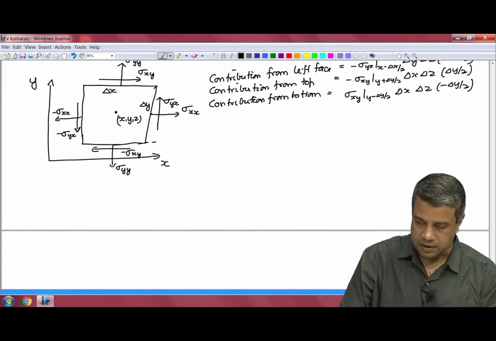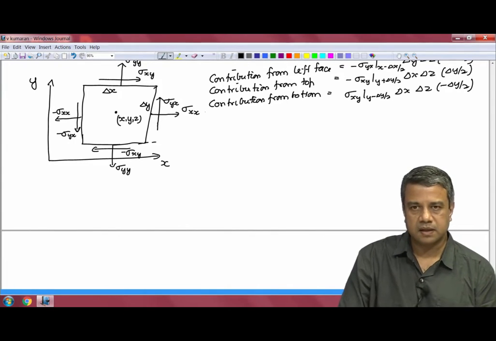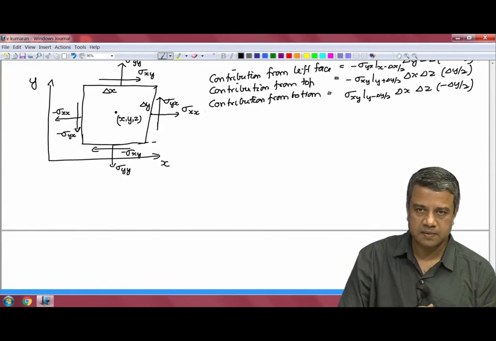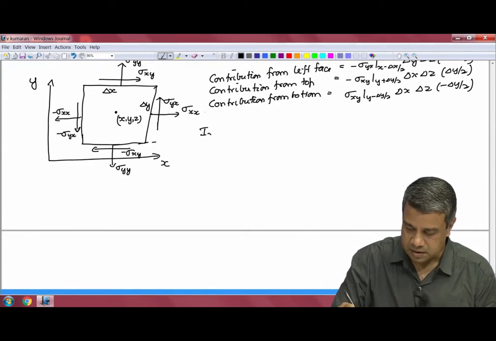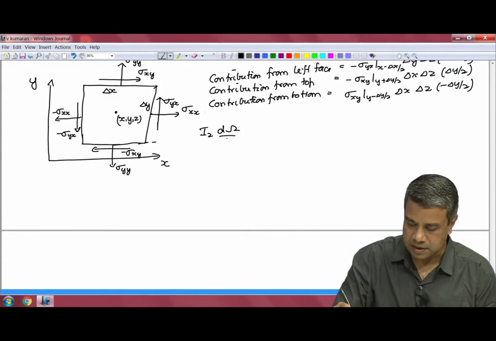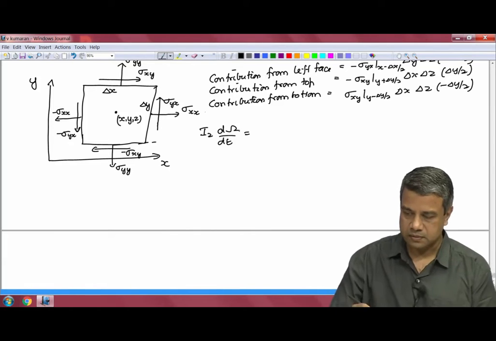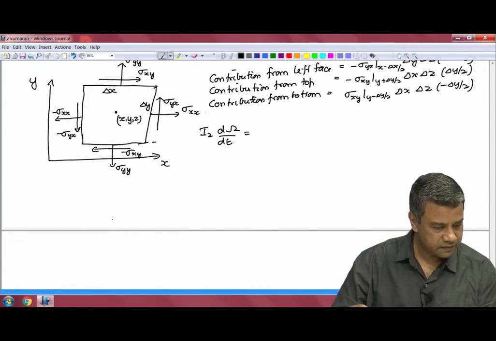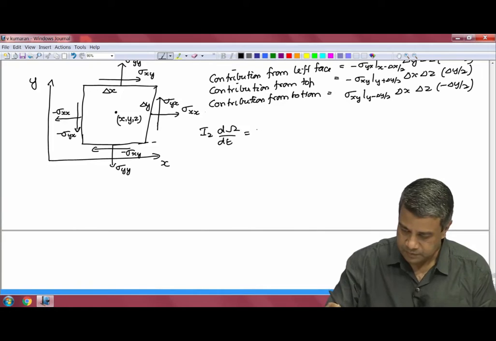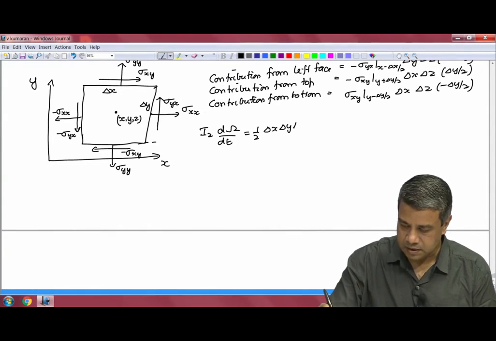So, putting these together, the moment of inertia about the z axis times the rate of change of angular velocity, I z times d omega by dt, is equal to a common factor of a half times delta x, delta y, delta z.